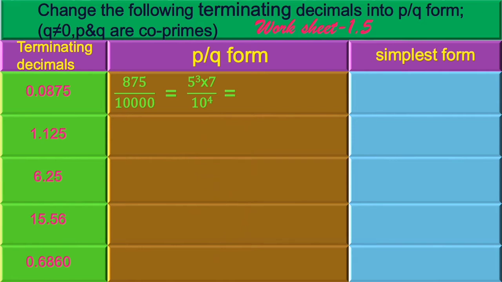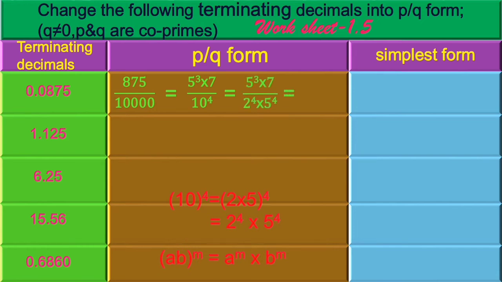In the denominator, we got 10 to the power of 4. We can rewrite it as 2 into 5 whole to the power of 4. That means 2 power 4 into 5 power 4, since ab whole power m equals a power m into b power m. So now 5 cube into 7 by 2 power 4 into 5 power 4.